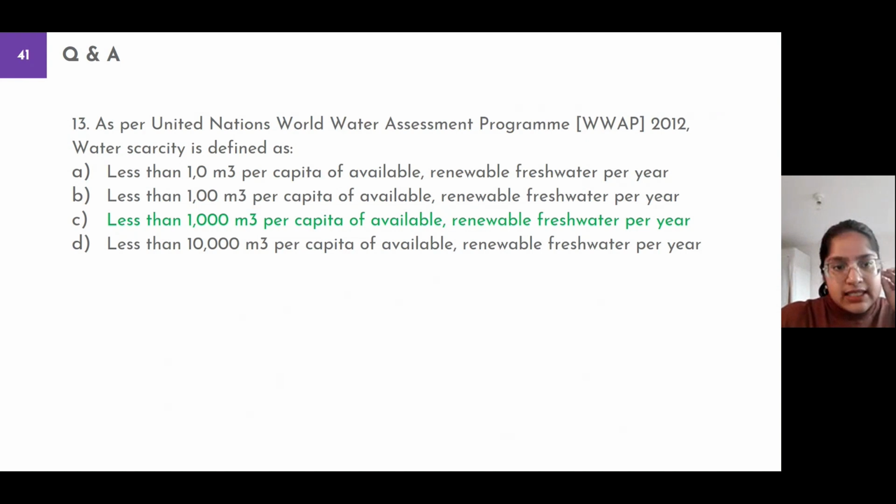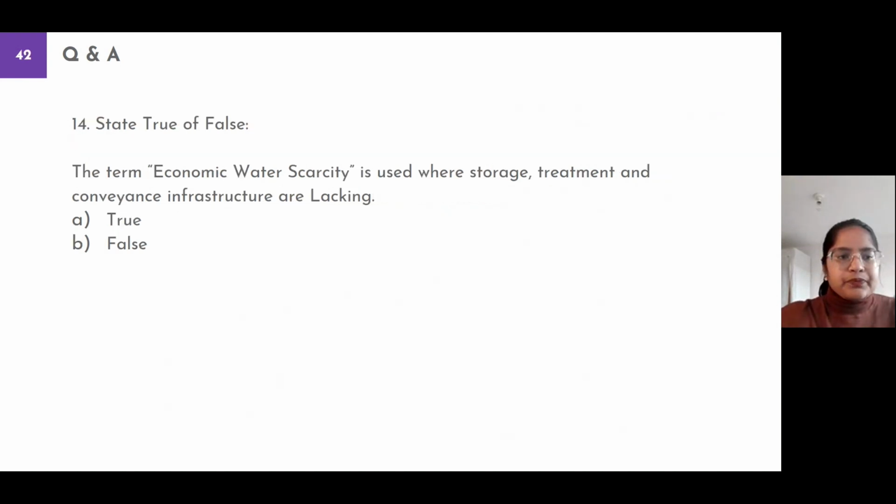So the correct answer is C, that water scarcity is defined as less than 1,000 meter cube per capita of available renewable fresh water per year.